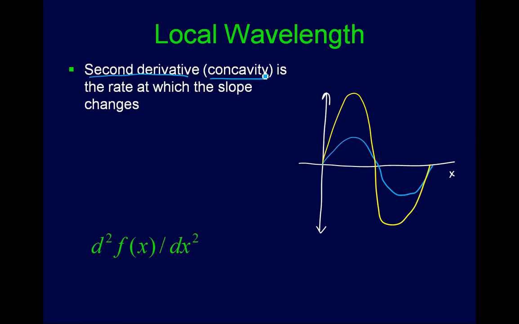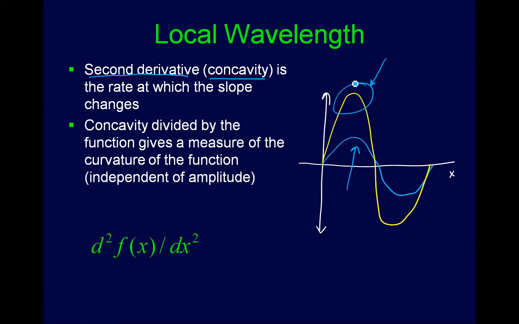Now, that's a good place to start, but if you look at this picture over here, for instance, these two plots, the yellow and the blue, they have the same wavelength, but they have different curvature. This one's going to have much more curvature than the blue one would. And so we have to account for that, and one way to do that is to take this concavity and divide by the amplitude, by the function itself, which will make this independent of amplitude.